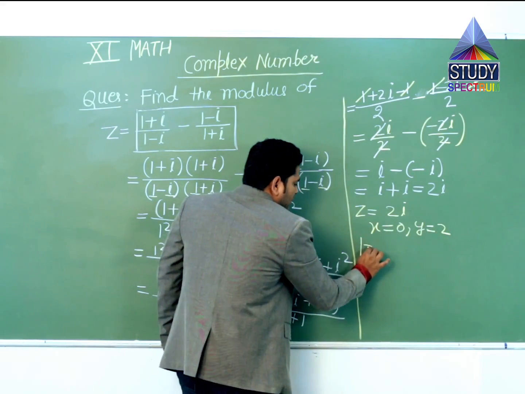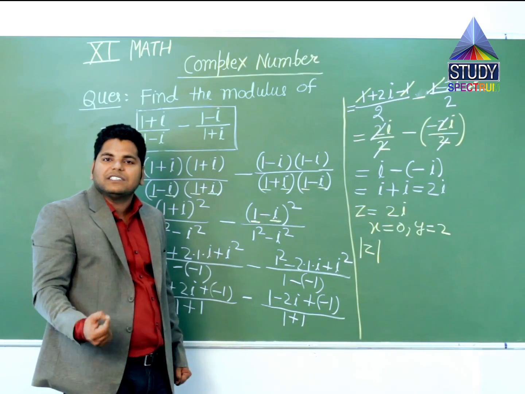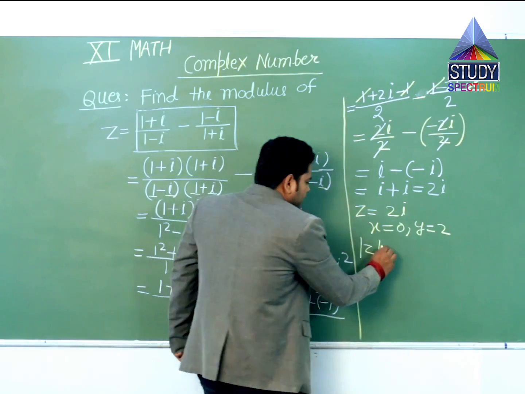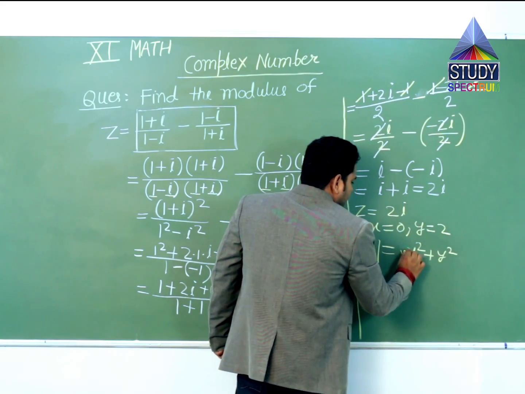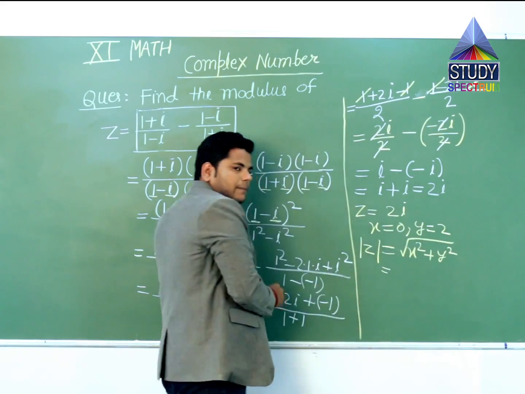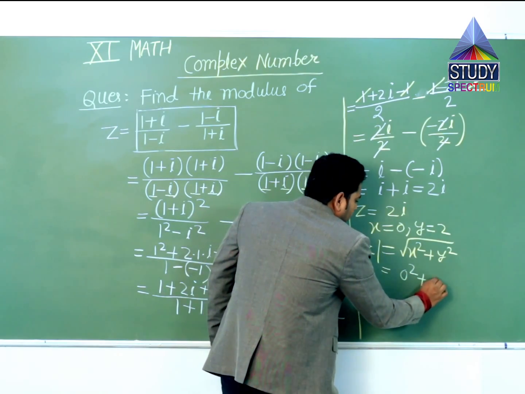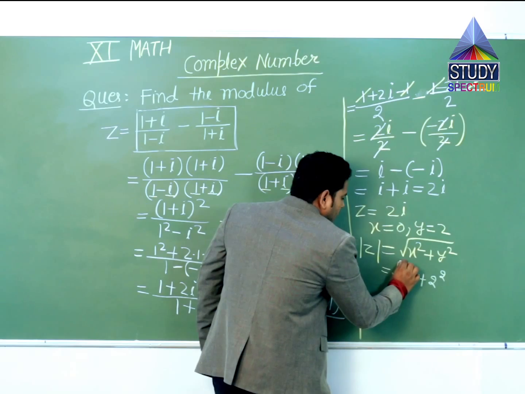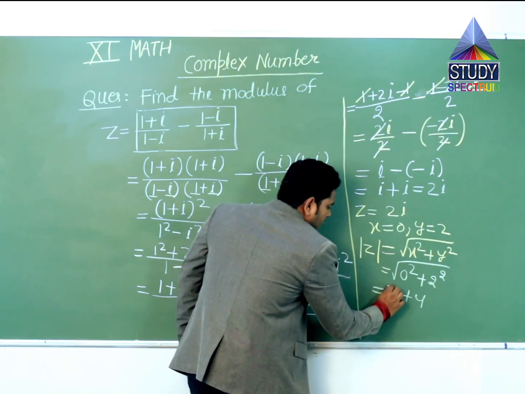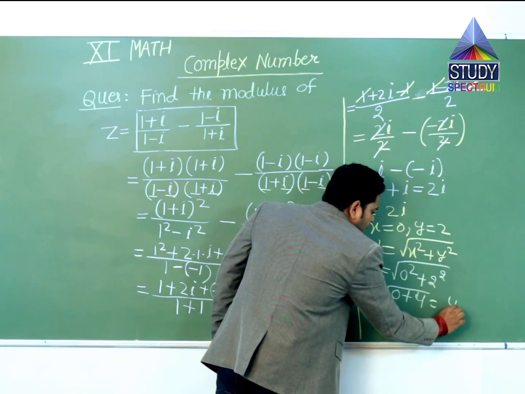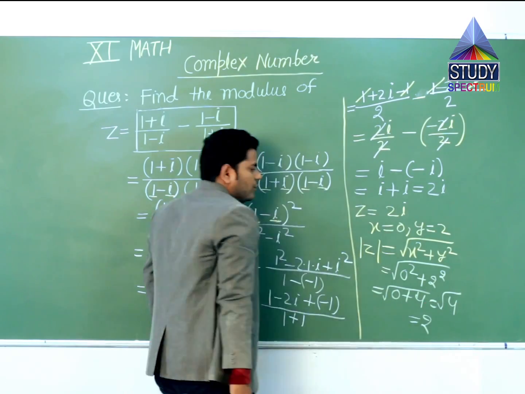We have to find the modulus of z, and the modulus of z is the square root of x² + y². So the square root of 0² + 2², that is the square root of 0 + 4, that is the square root of 4, which is 2.